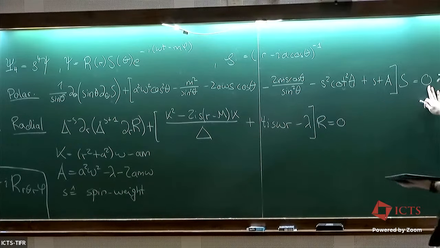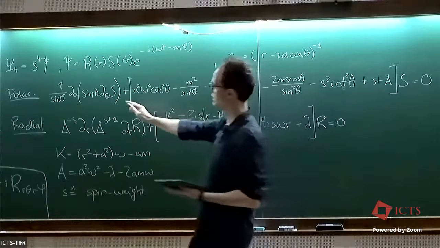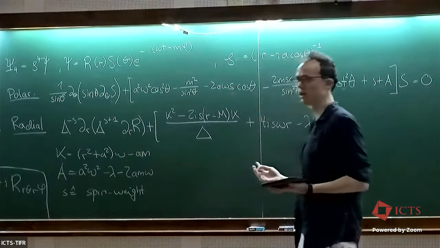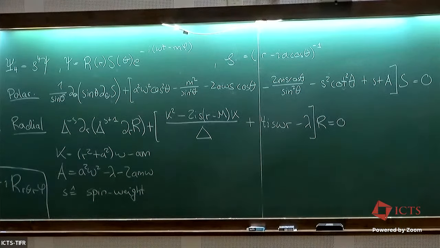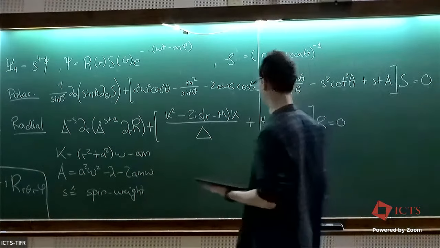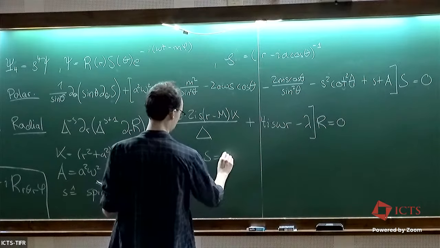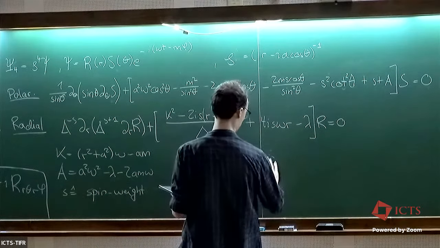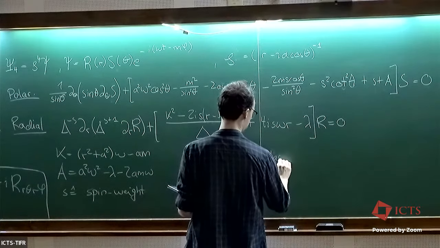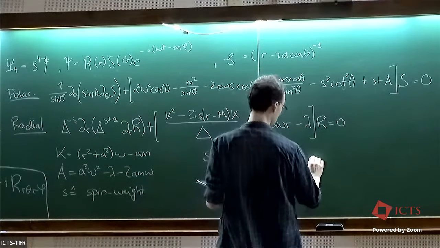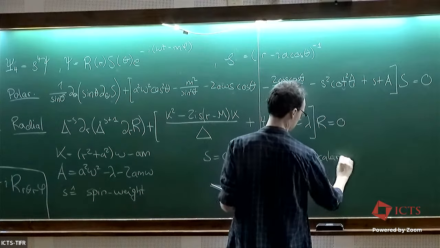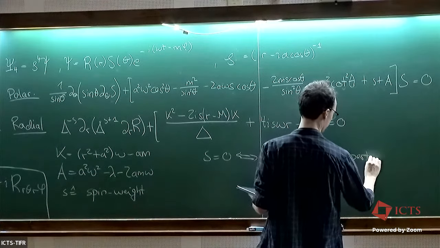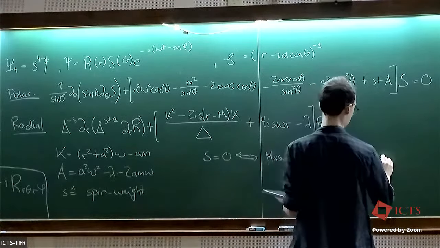So for s equal to 0, this gives you the perturbation equation of a massless scalar field on a Kerr background. So s equal to 0: massless scalar perturbations on Kerr.